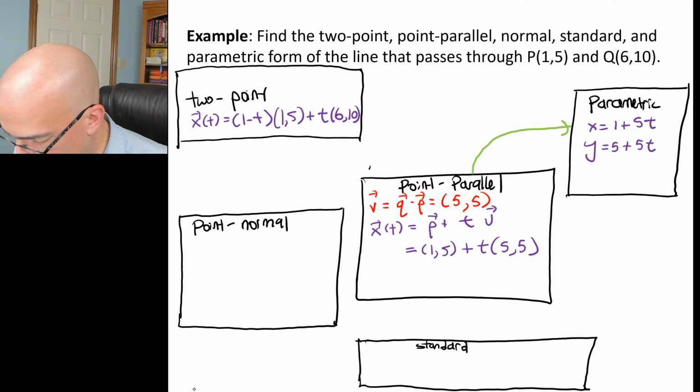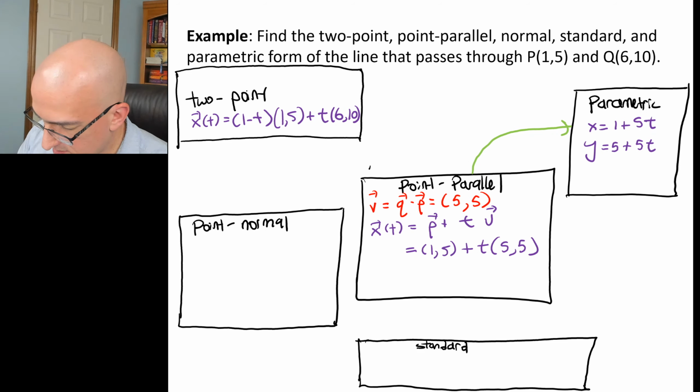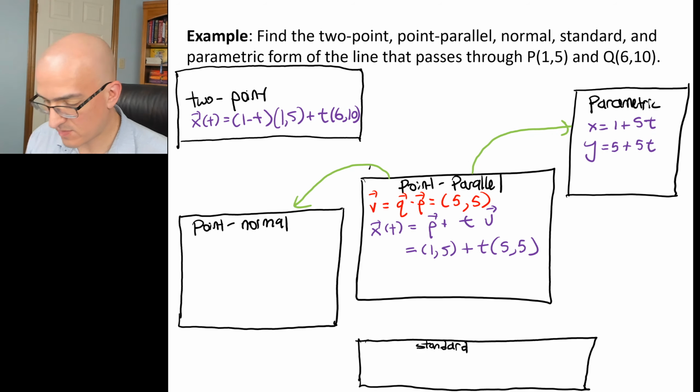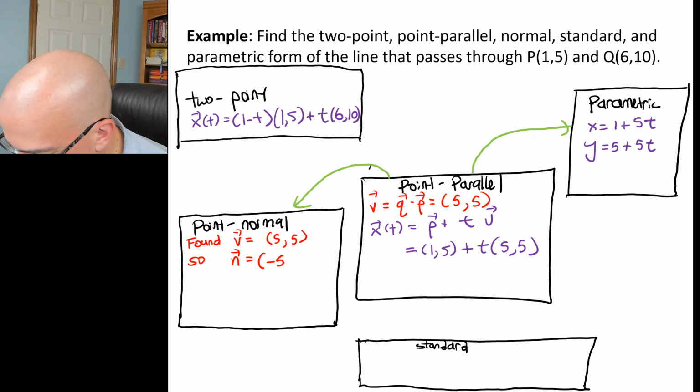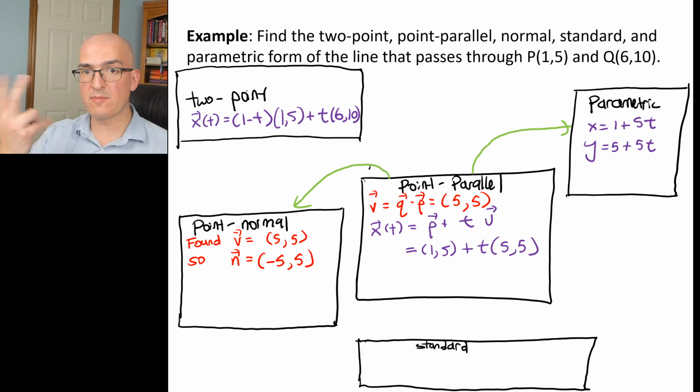We can go from the point parallel with a little bit more work to the point normal. We found v equals 5 comma 5. So our normal vector n is negative 5 comma 5. I flip the components and put a negative sign in front of one of them.